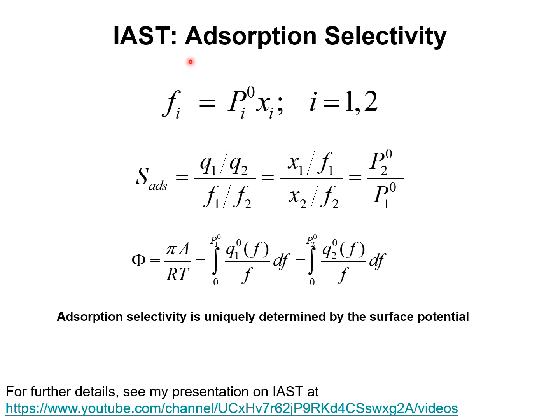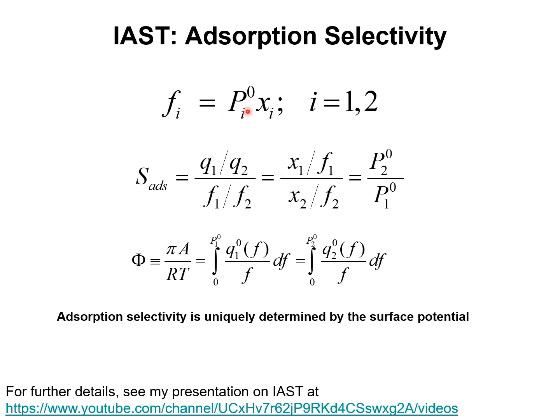There's a further point to be made regarding the adsorption selectivity. The adsorption selectivity is defined as the ratio of the molar loadings to the ratio of the partial fugacities in the bulk fluid phase. And this expression may be rewritten in terms of the mole fractions, x1 and x2.